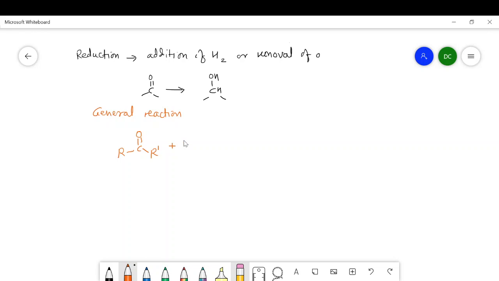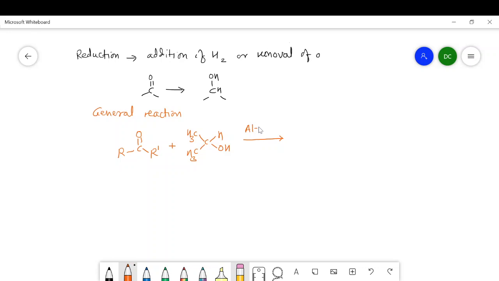In this MPV reduction reaction, a solvent isopropyl alcohol or isopropanol is taken, and this isopropyl alcohol is written like this, and the catalyst is aluminium isopropoxide.